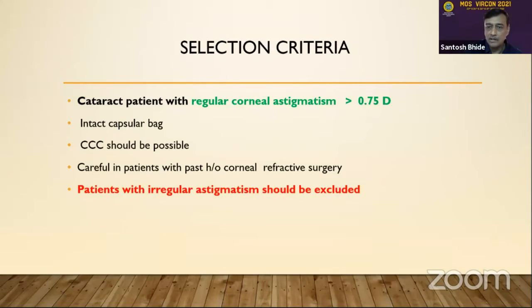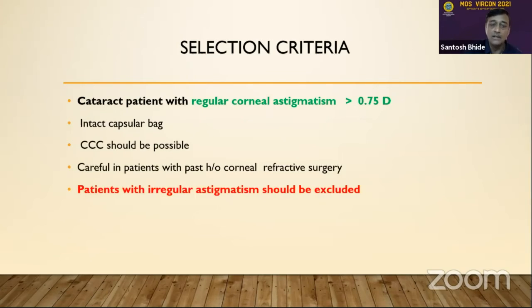Cataract patients with regular corneal astigmatism of more than 0.75 diopters, we can take them for or think about doing toric implants. Capsular bag has to be intact. CCC has to be possible. One has to take proper history, whether they have had any corneal refractive surgery.